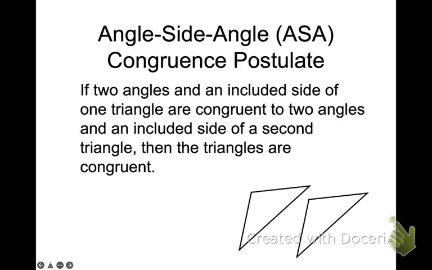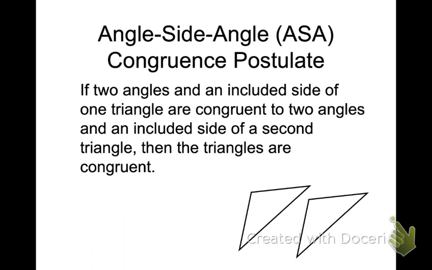All right, so the angle side angle congruence postulate says, and I think I have fill in the blanks here for you guys this round, if two angles and an included side of one triangle are congruent to two angles, not two sides, two angles, my bad, are congruent to two angles and an included side of a second triangle, then the triangles are congruent.